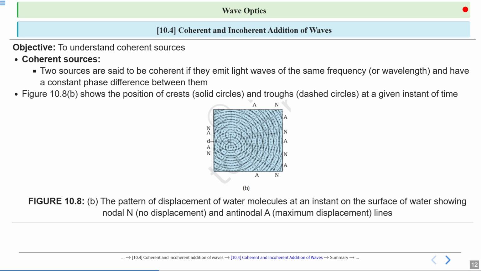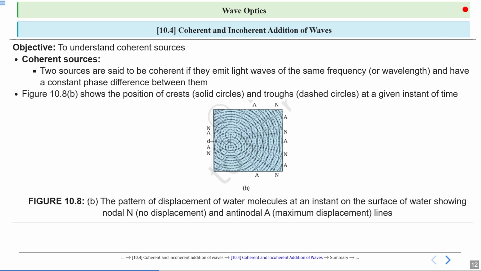Figure 10.8b shows the position of crests, solid circles, and troughs, dashed lines, at a given instant of time. You can see in the diagram, these solid circles are representing the crests, and these dashed circles are representing troughs at a given instant of time.